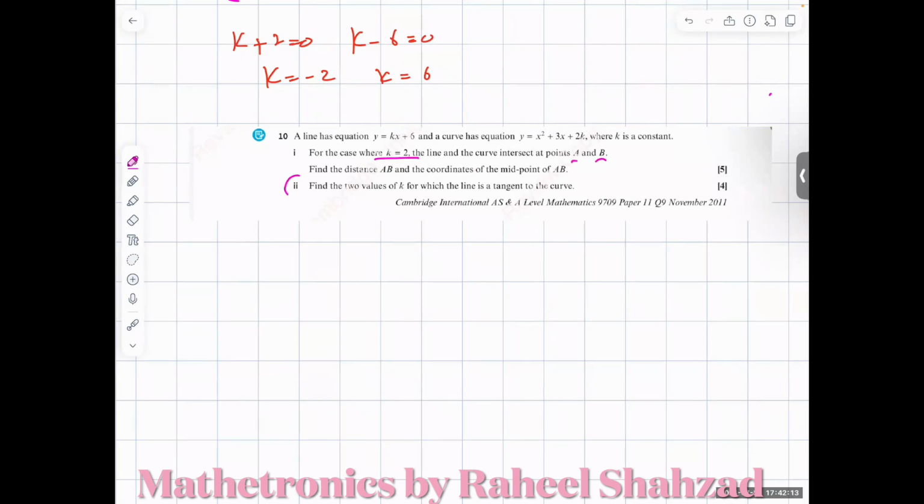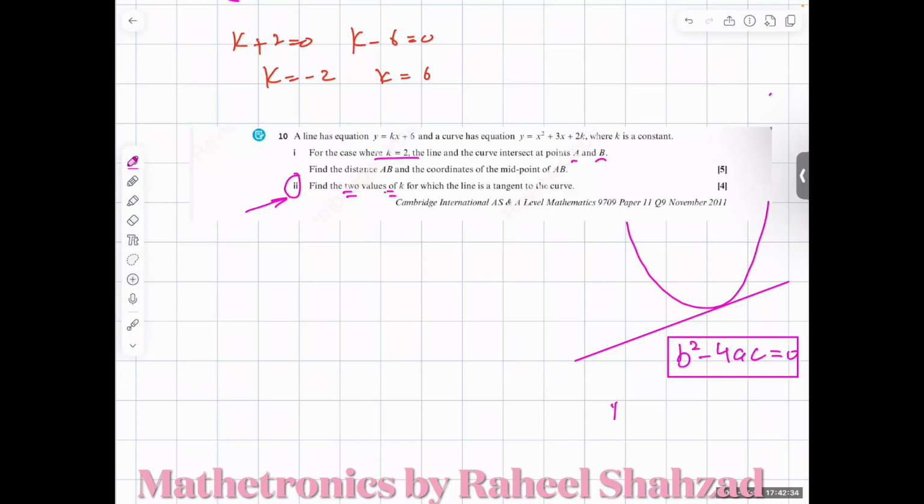So that's fine. Question 2 we will investigate now. Find two values of k for which the line is tangent to the curve. So this is the curve and this is the line. When we claim that this is tangent to the curve, then after substituting, we have to put b square minus 4ac equal to 0, right? For being tangent. Is that clear?